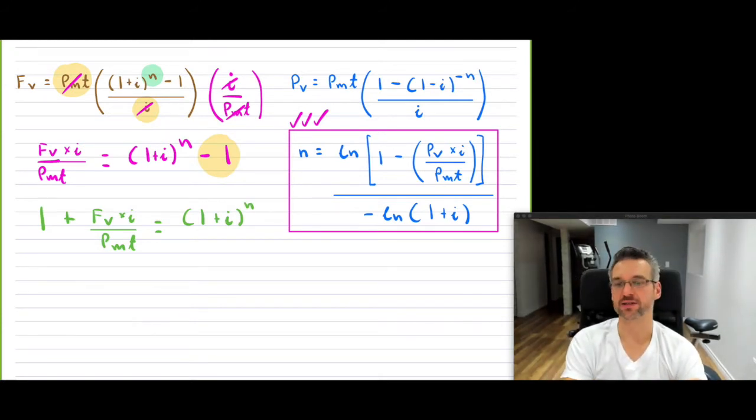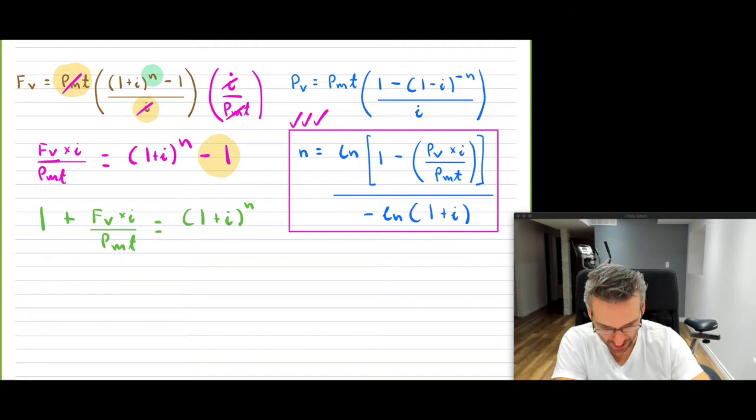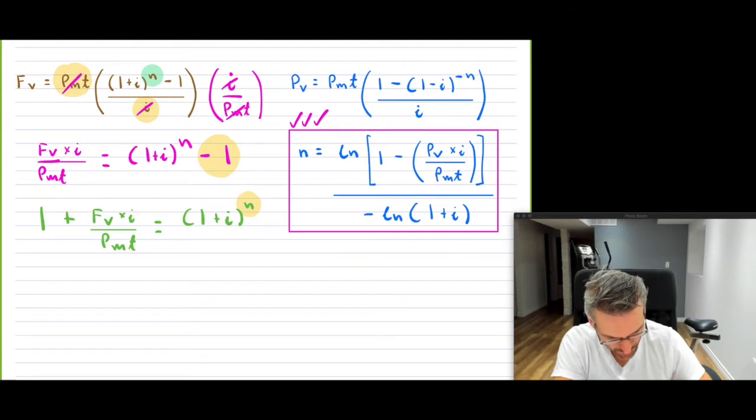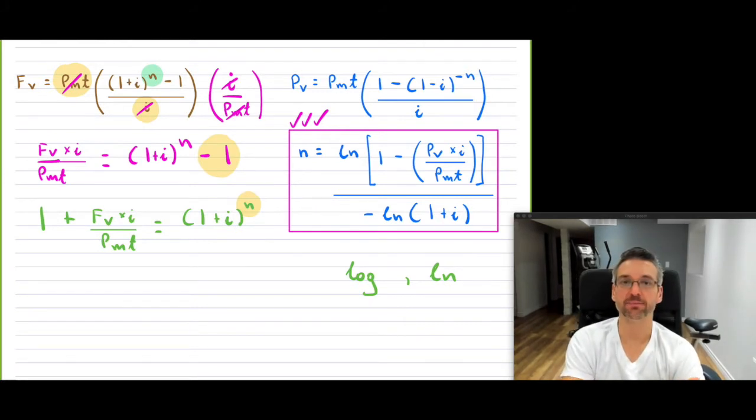And here is the problem, because what we're trying to isolate for is this n, which is in the exponent. The only way to get rid of it is to utilize logs or ln. Depending on what background you have, you can use either log or ln. Typically, you'll find these on your calculator.